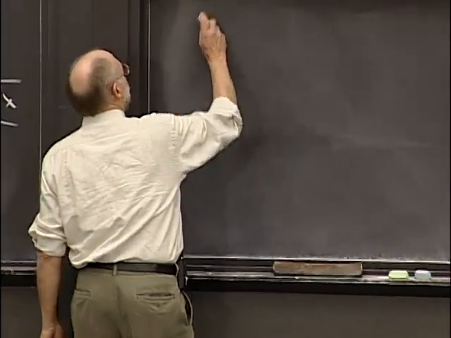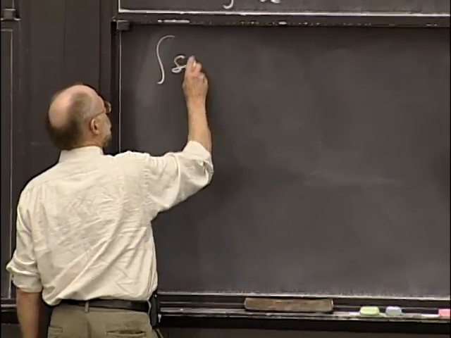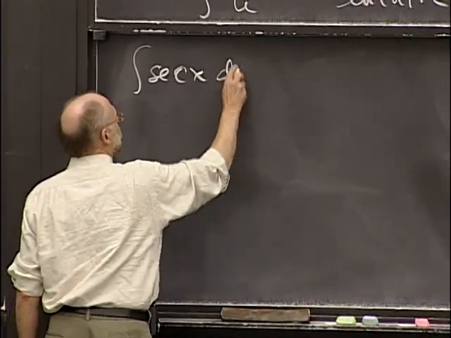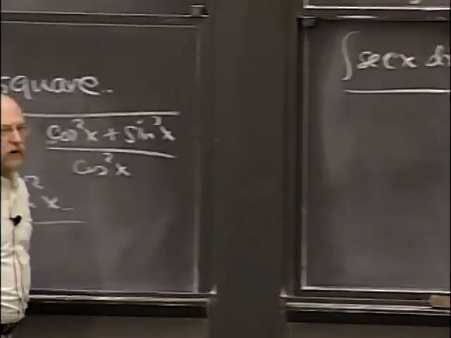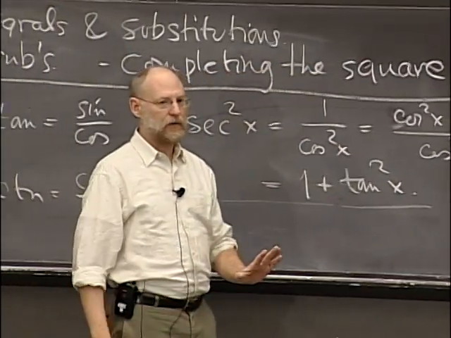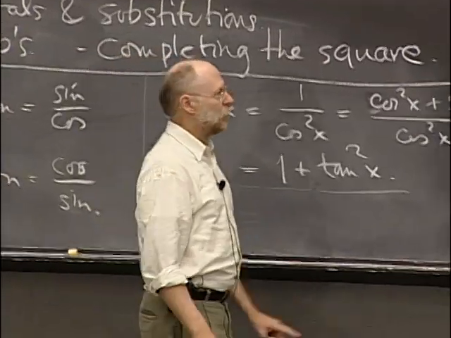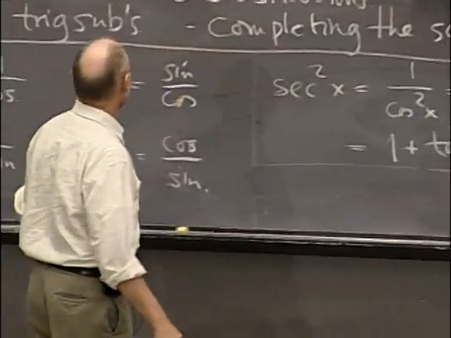I'd also like to know what the integral of the secant of x is. And I don't know a way to go straight at this, but let me show you a way to think your way through to it.